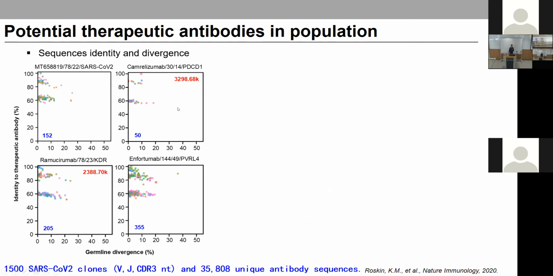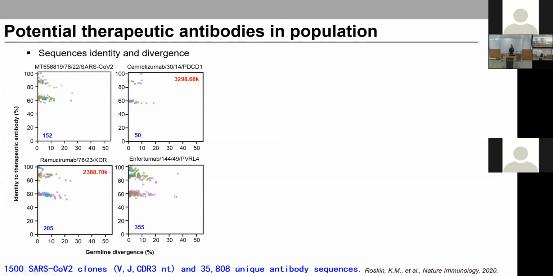Another example: we both know PD-1 is a therapeutic target for cancer, and in our data set, we found 14 donors with 30 unique sequences. They share exactly the same CDR3 with this PD-1 antibody.